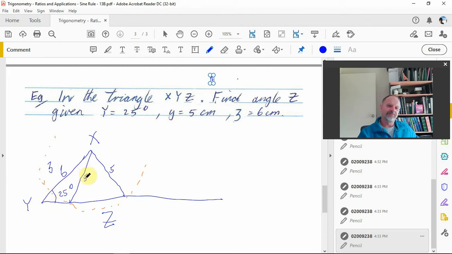All right, so the 5 is the y, opposite angle y. 6 is here, which is z, and I'm after the angle z. So because I'm after the angle, I'll say sine z over length z is equal to sine y over length y.